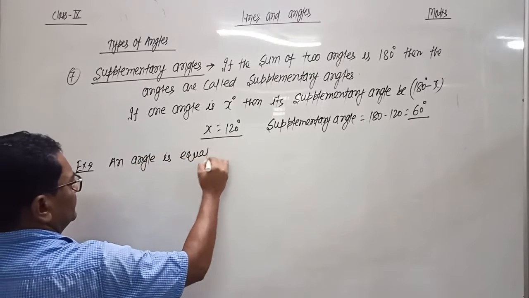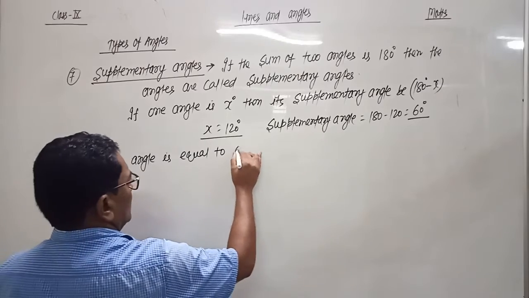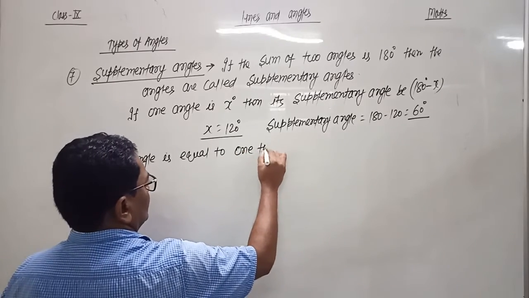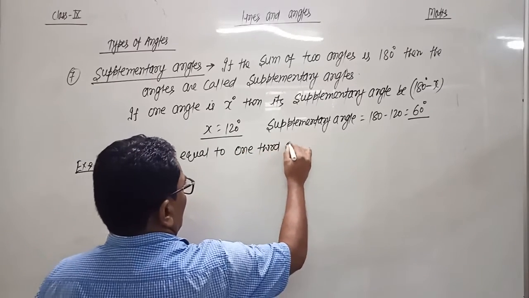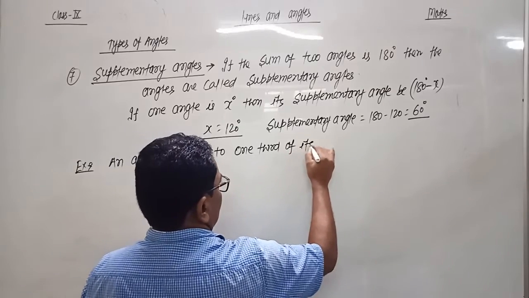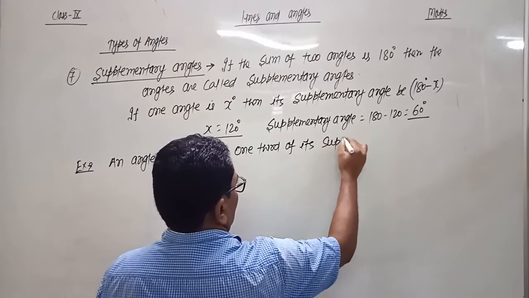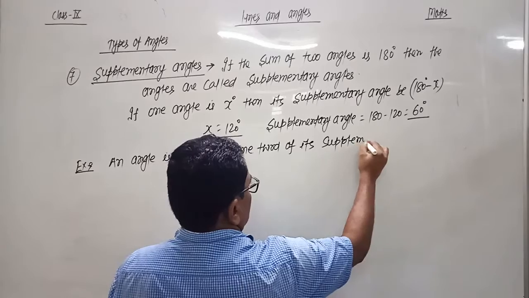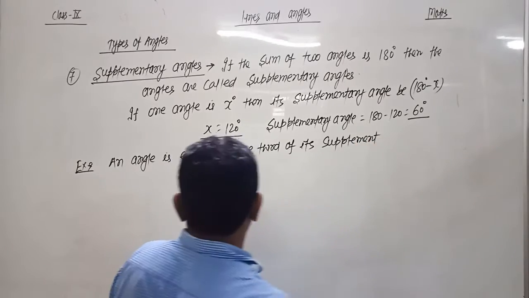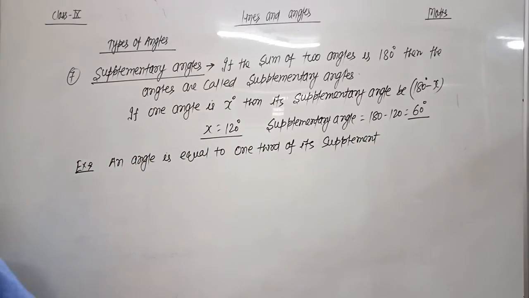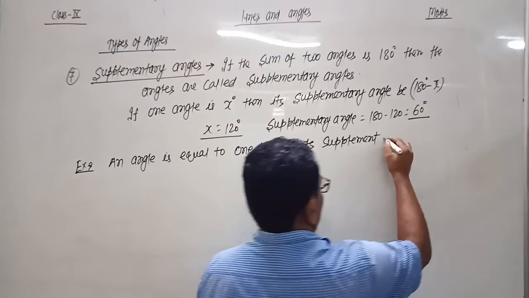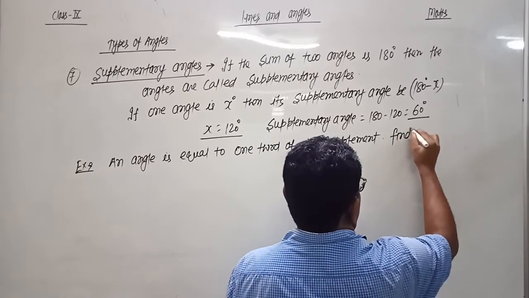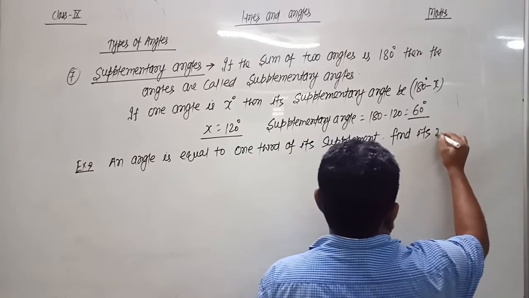Supplement means supplementary angle. An angle is equal to 1/3 of its supplement. So find its measure.